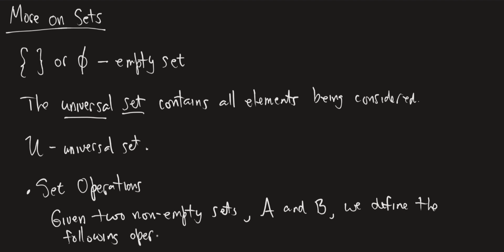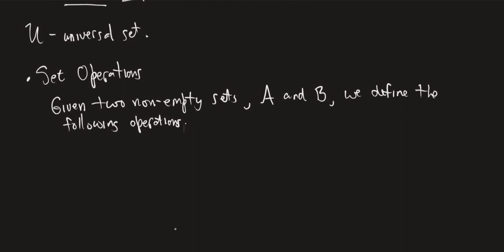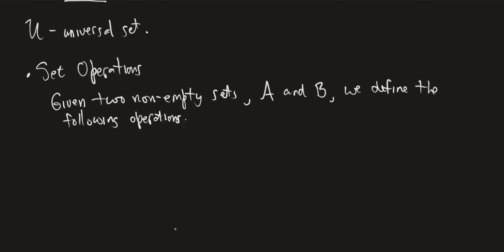Probably the best way to think about this is like operations that you can do with numbers. If I give you two numbers and I say add them, you know what to do. Or if I say multiply them, you know what to do, and so forth. It's a similar type of thing with our set operations.